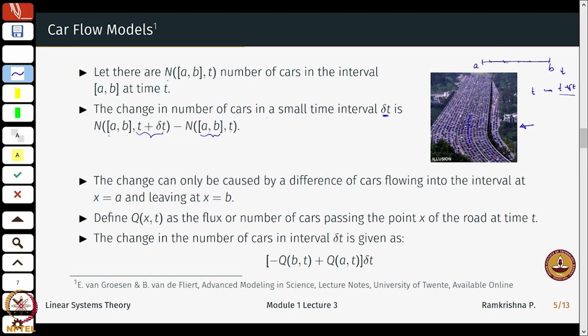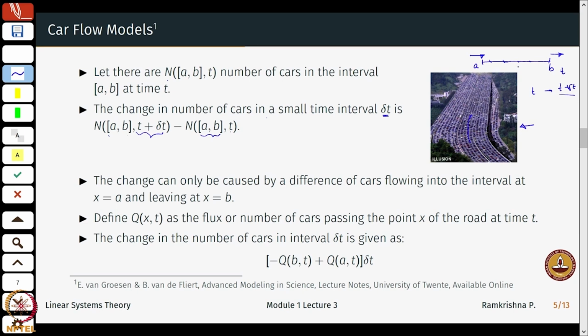Okay. Now, if the traffic is just still, not moving, what will be the change? The change will be 0, because no cars enter and no cars leave. On the other hand, if the traffic is moving in a very steady state, say one car enters from here and one car leaves from here, still the number of cars would be just 5, for example, in this case.